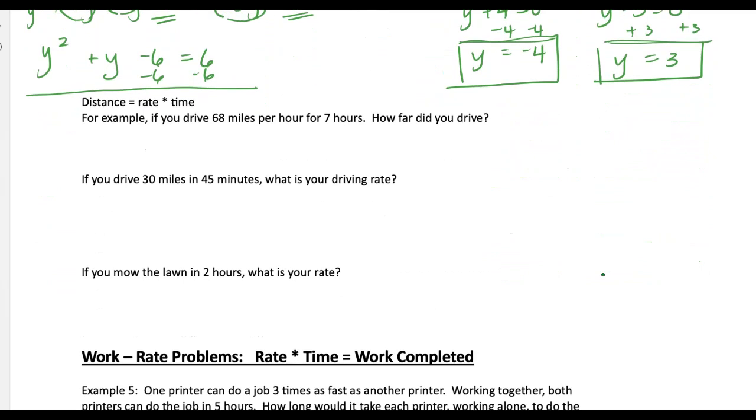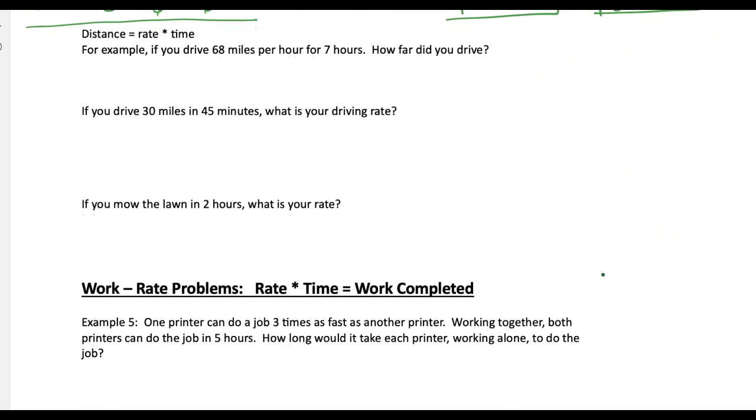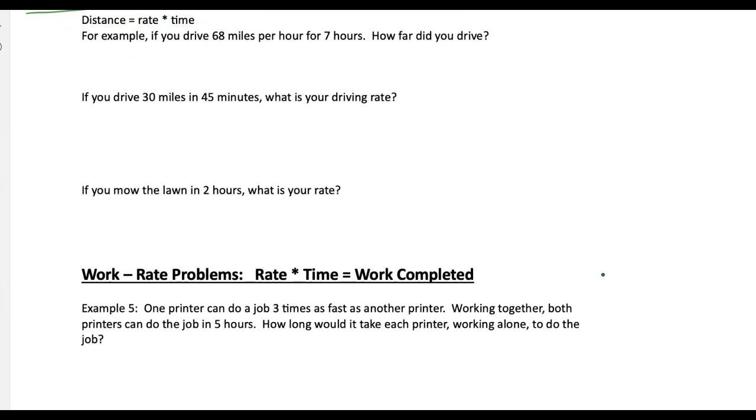Let's take a look at a work rate problem. Before we do that, I want to take a look at distance equals rate times time, and a couple of examples that might be familiar to us. So if you're driving 68 miles per hour for 7 hours, how far did you drive? Well, to find our distance, we're going to take our rate times our time.